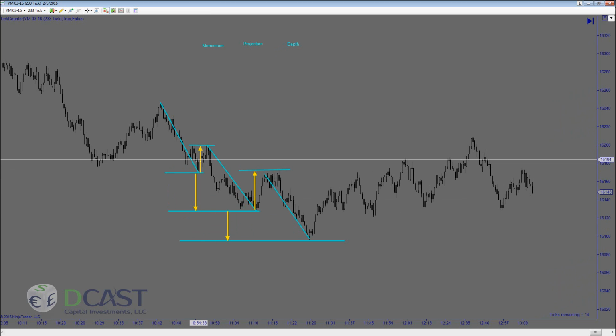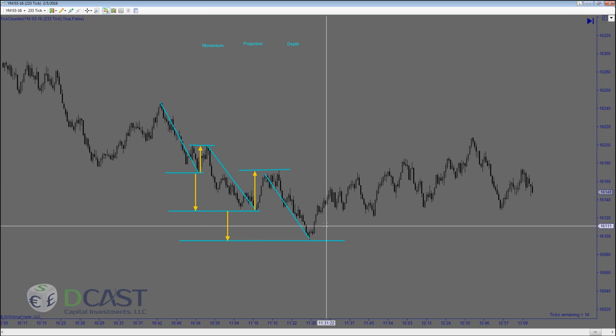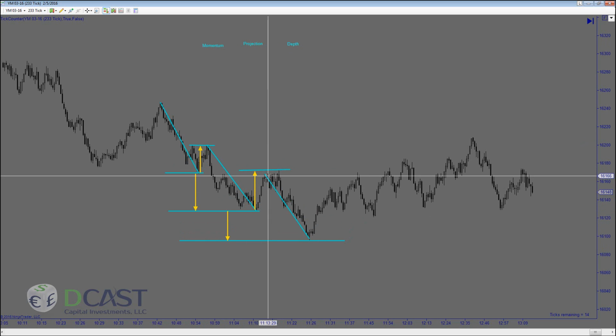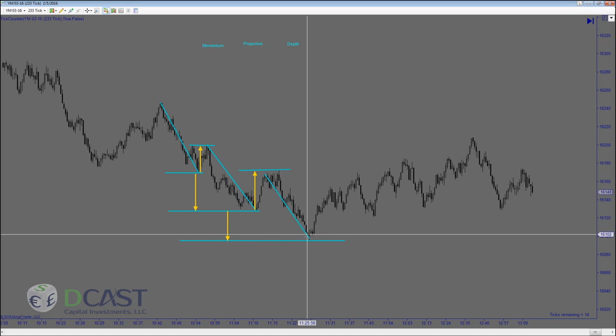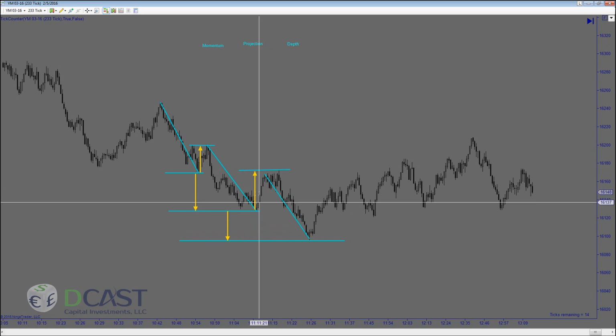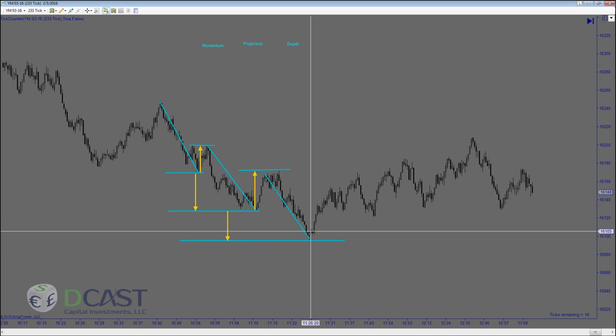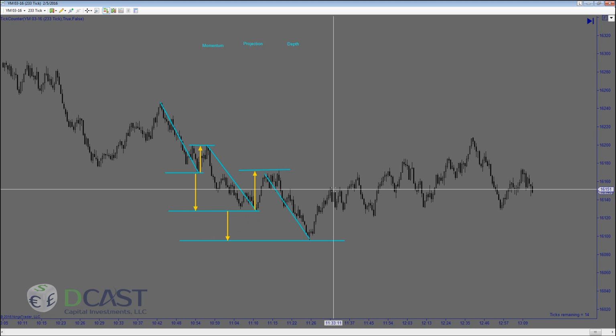Now, as this is weak, this is stronger, the next one should be stronger as we have less projection, as we have somewhat of a weakening or almost the same pitch as before, but we're getting two out of the three things that tell us that we're progressively getting weaker. That tells us that we should have a deeper correction. So what we want to see is price achieve that deep correction and see how price reacts to that.